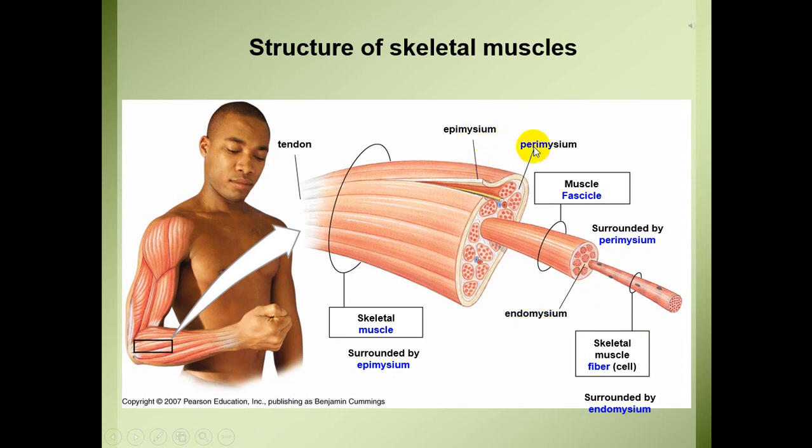Epimysium, perimysium, and endomysium conduct the branches of the neurovascular bundle from the outer surface towards the individual muscle fibers, and at the level of endomysium we can see the capillaries which are supplying individual muscle fibers.